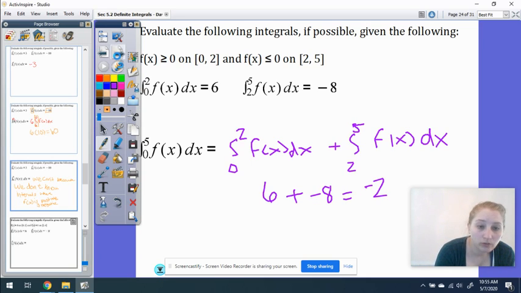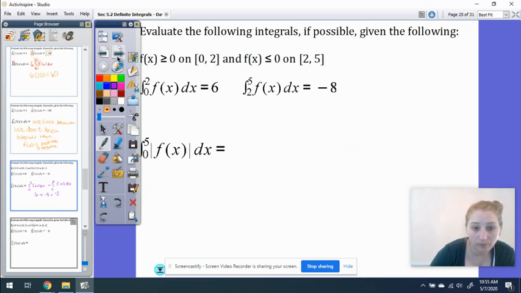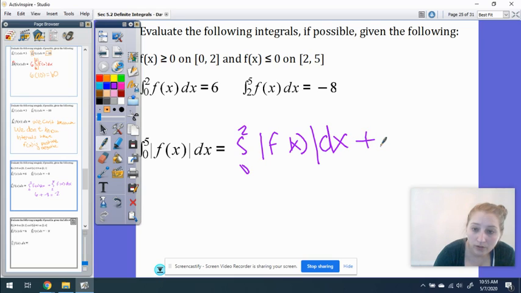All right, the next one is very similar to what we just did, except this time it's taking the absolute value. So that means we are going to do the absolute value of the integral from 0 to 2 and the absolute value of the integral from 2 to 5.